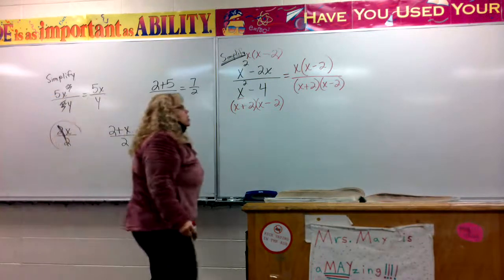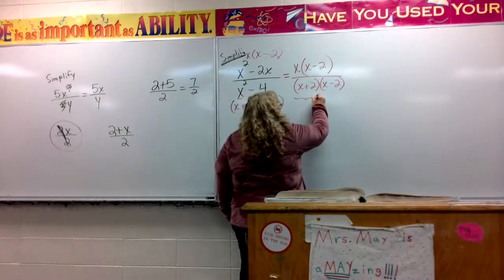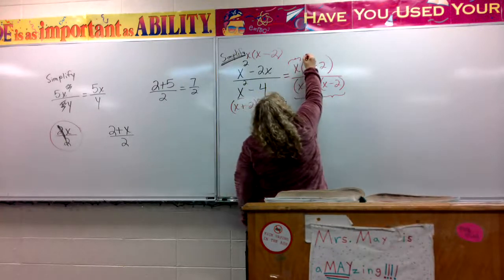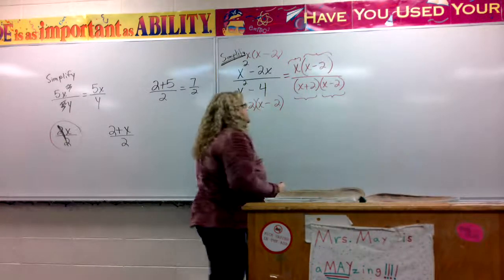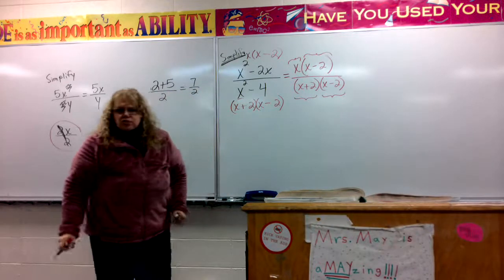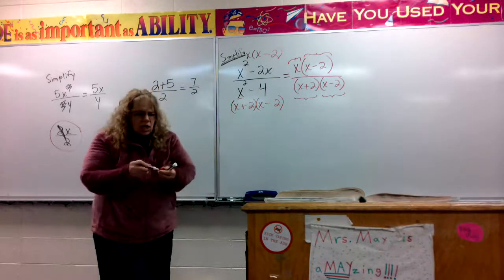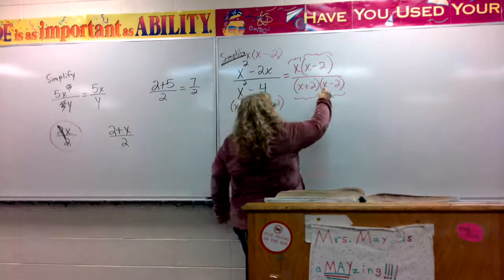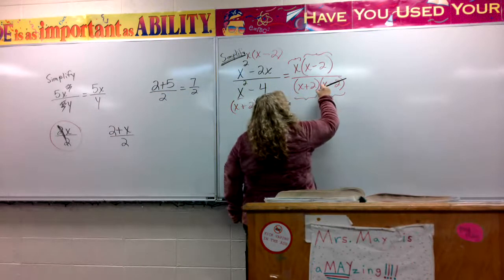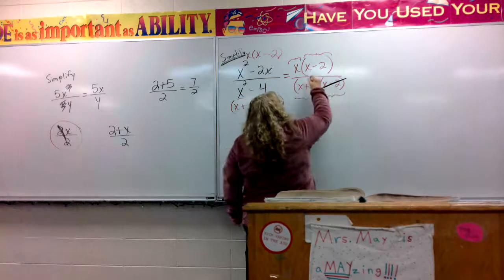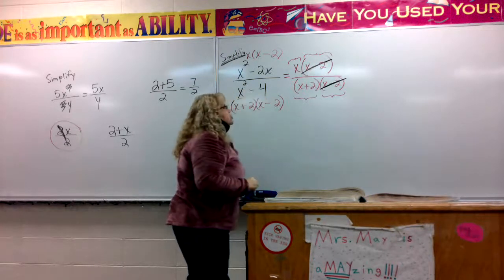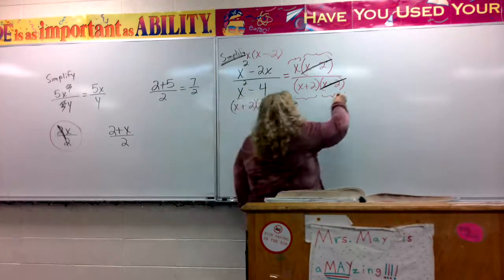So over here, look, it's this thing times this one. It's this times that. So guess what you're going to do? You can cancel it now, right? And the reason you can cancel it is because it's this whole thing times the rest. It's this whole thing times x. So what do you have left on top then?